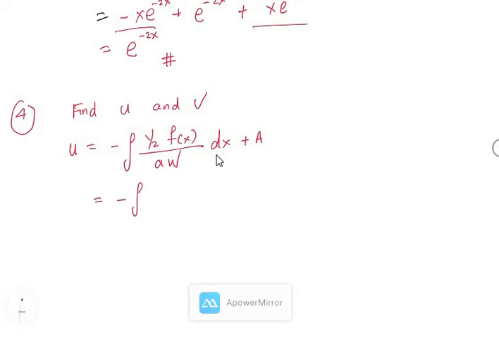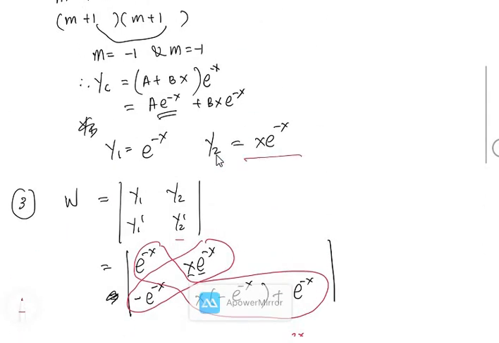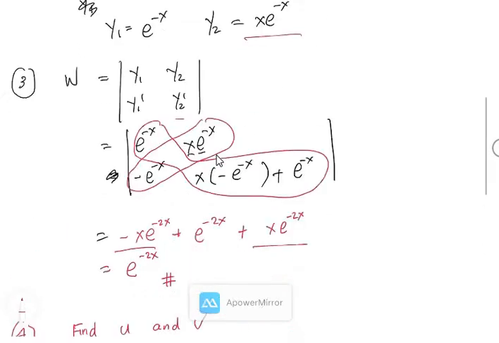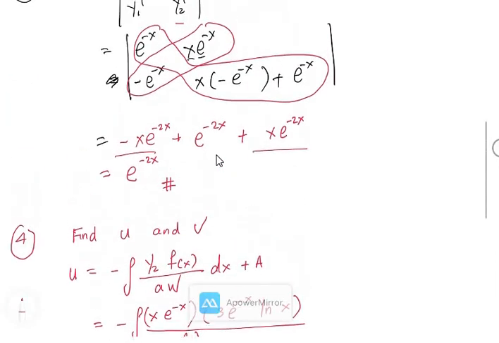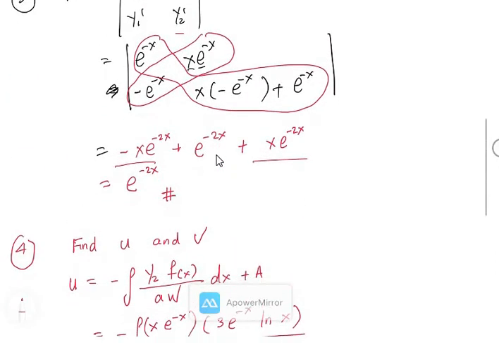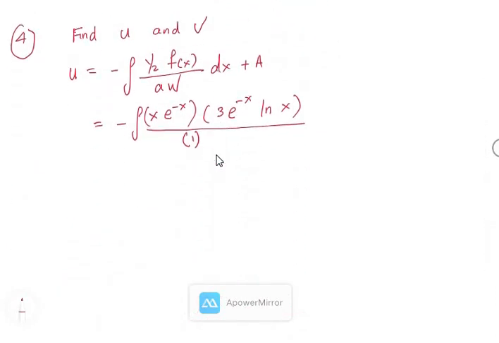Now step number 4, find the u and v. U is equal to negative integrate y2 f(x) divided by aW dx plus a. What is your y2?